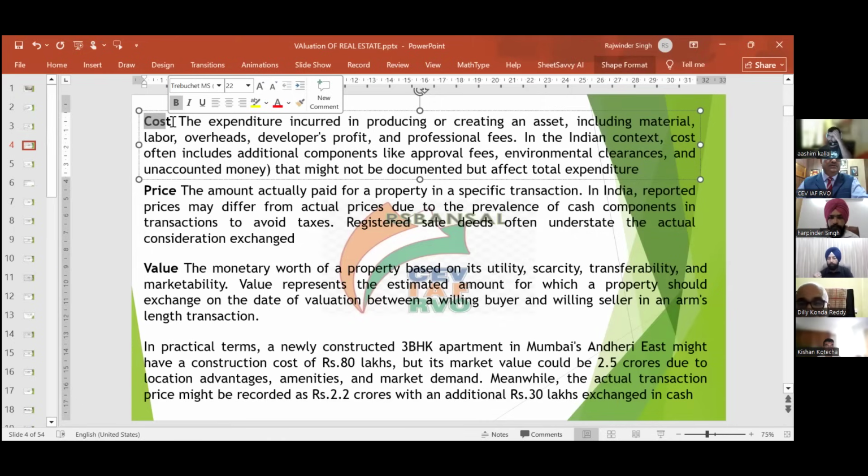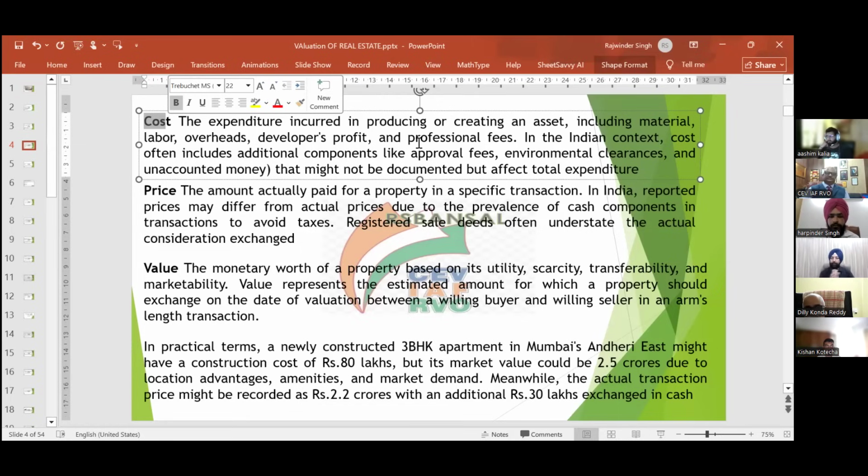And of course, when you construct a building, you need to get your plan from an architect or from a civil engineer, and you have to get approval of this plan. So that is professional fees. So cost of material, overhead expenses, developer's profit, and professional fees. These all include cost.